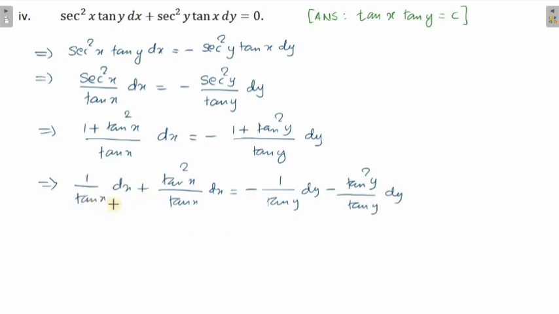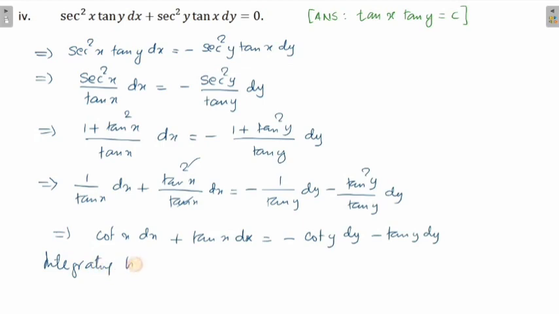See, this is simple. This is 1 by tan is cot, so it is cot x dx. This and this gets cancelled, so it is plus tan x dx. Similarly, this becomes minus cot y dy, and here it becomes tan y dy. Now integrating both sides.